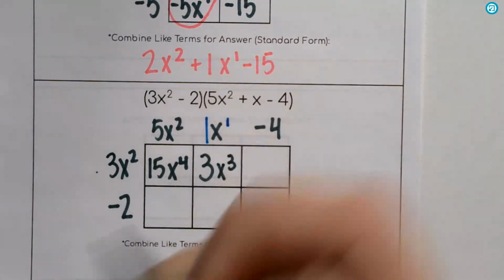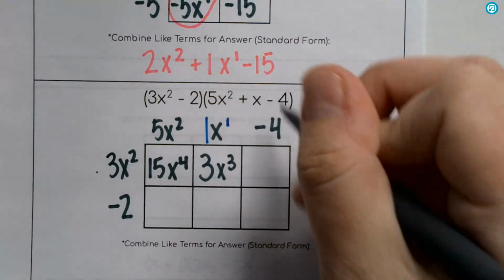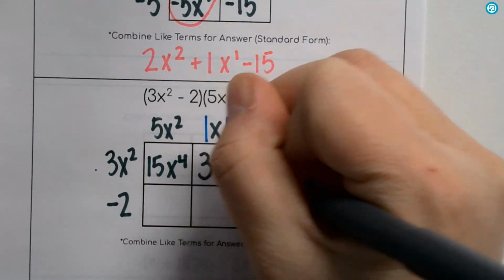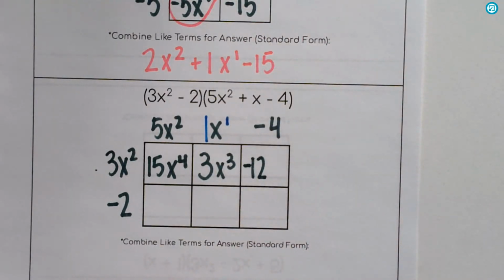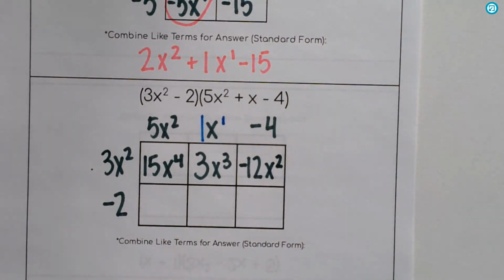So this is 3x to the third. Three times negative 4 is negative 12. And then this is x squared. That just distributes on over.